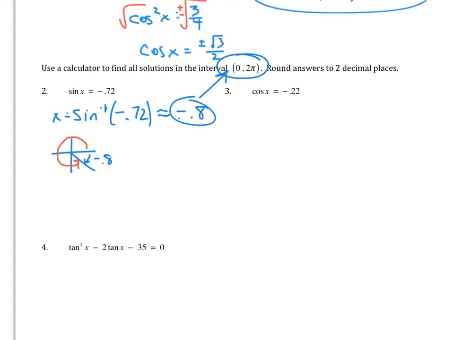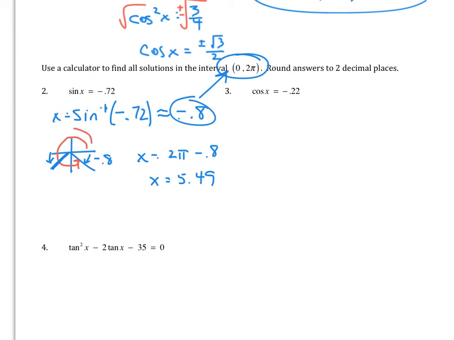So therefore, my x value is going to be 2 pi minus 0.8, or plus a negative 0.8, which gives me an x value of, let's see, 6.2 minus 0.8, what is that, like 5.49 roughly, okay? And then remember that sine is symmetric across the y-axis, so therefore there's another angle over here that is also going down by a value of negative 0.8.